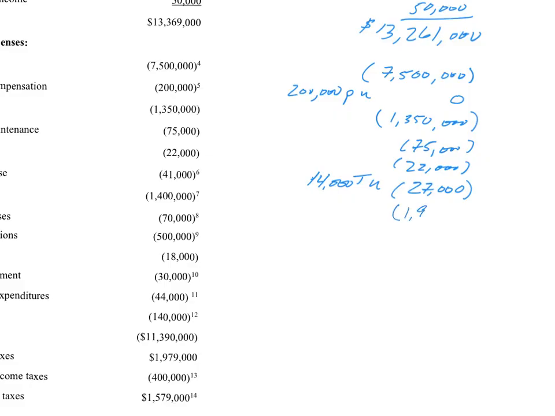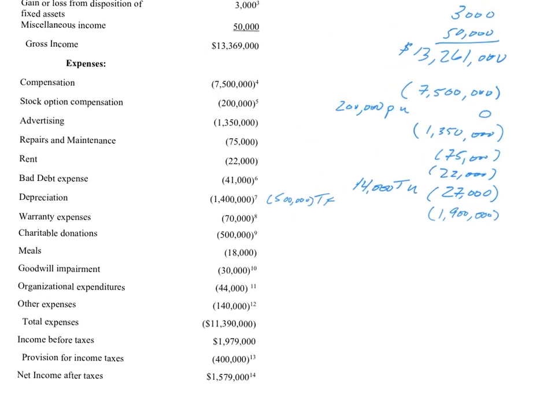It is $1,900,000. All right, so we are going to have to make an adjustment. We are going to have to increase our depreciation expense, right? So that is going to be a $500,000 adjustment. That is temporary. Remember, depreciation is a temporary adjustment. Is it favorable or unfavorable? Well, our deduction just increased, so our taxable income goes down. So this is a favorable adjustment.